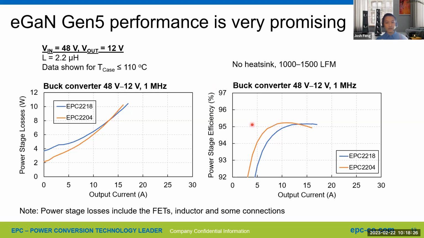You might ask, why not 20 amps? In this particular case, we limit our case temperature to 110 degrees with absolutely no heatsink, and about 1000 LFM airflow. It depends on the product you choose. The EPC2204 has a little bit higher RDS(on) but better switching parameters, therefore its light-load to mid-load performance is better than the EPC2218. The 2218, however, has a lower RDS(on), so its performance shifts toward heavier load and is better than the 2204.